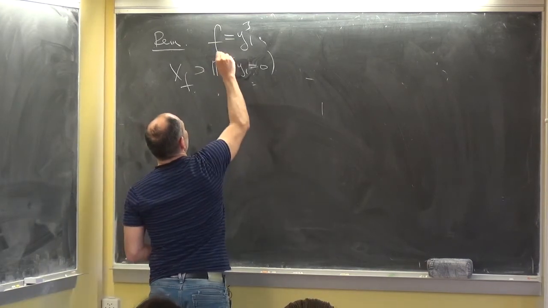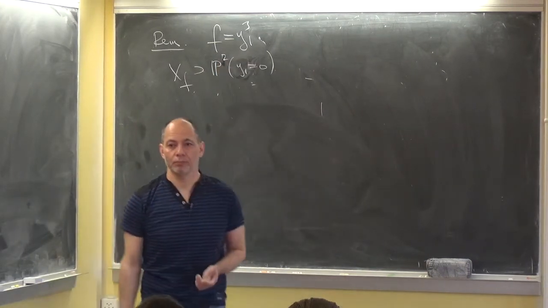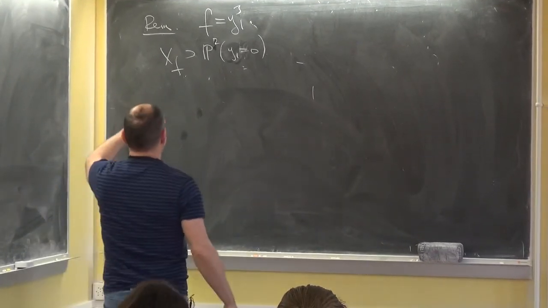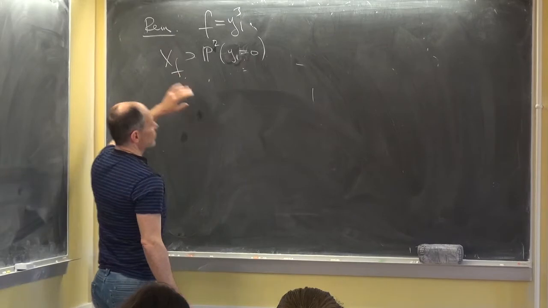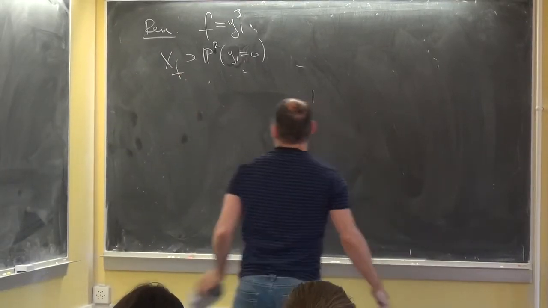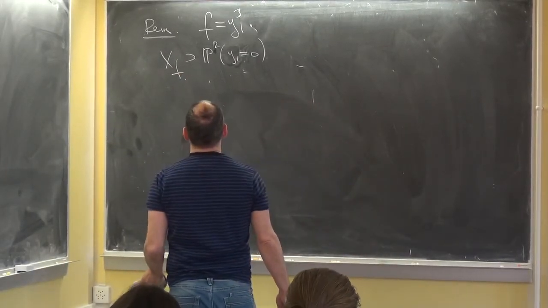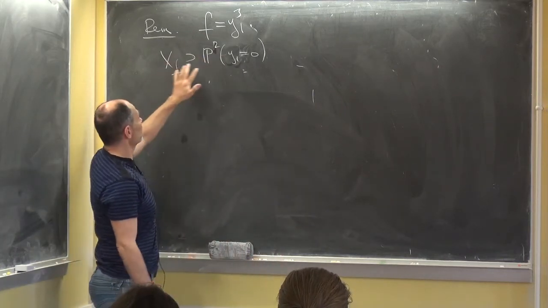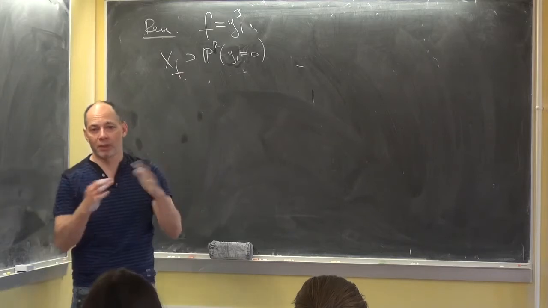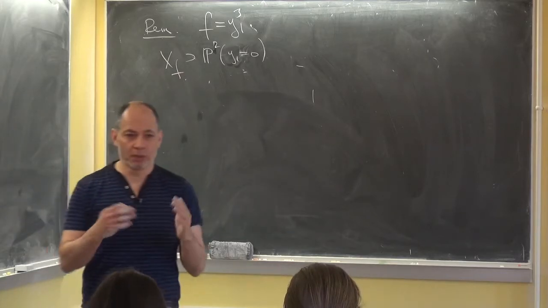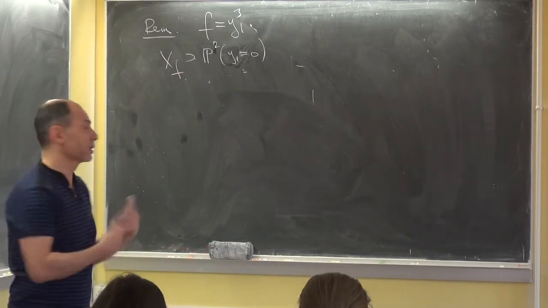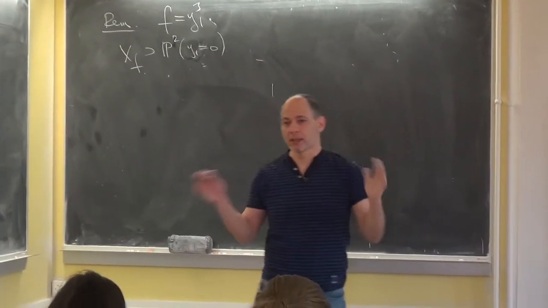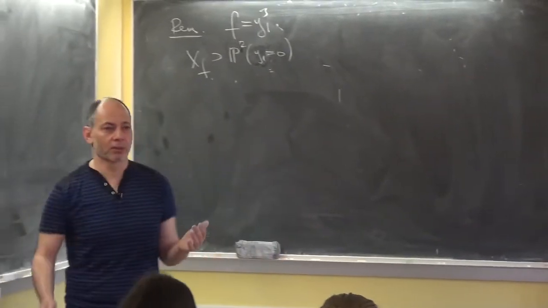Sorry, P2. Right, so, yeah, that's what I want to say, because we're looking at lines. So, no, sorry, so what am I saying? No, this is correct. Sorry. So then actually in this case X_f is P2, but a thick P2, right? I mean it's a non-reduced P2. It's a triple P2, but it contains a P2, and so the number of lines is not 27. The number of lines is infinite now.